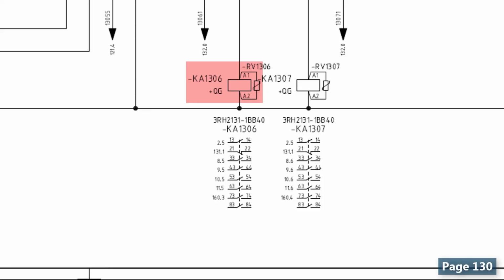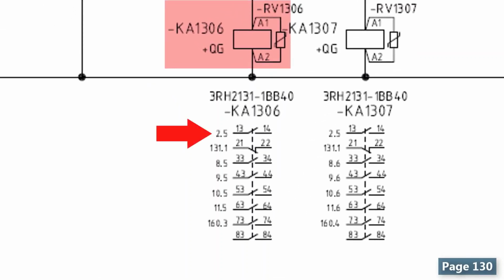And how do I know that? If you have seen the legend and abbreviation page of the drawing, you know that the KA is a nomenclature for a relay in this drawing. Below the coil, you see the 1314 contact of page 2 and also the other NO and NC contacts of this relay, with the addresses they have been used in this drawing. We'll come back to this page very soon.